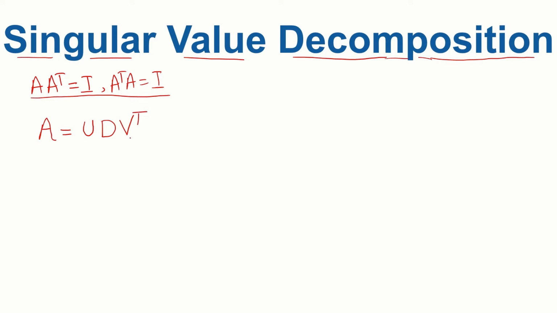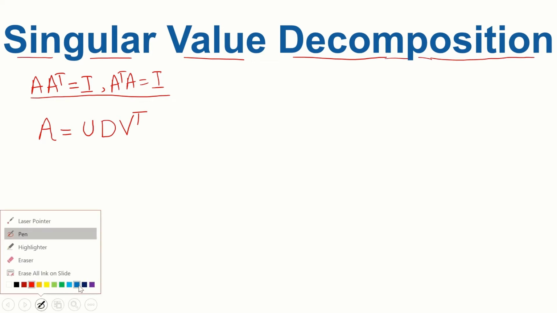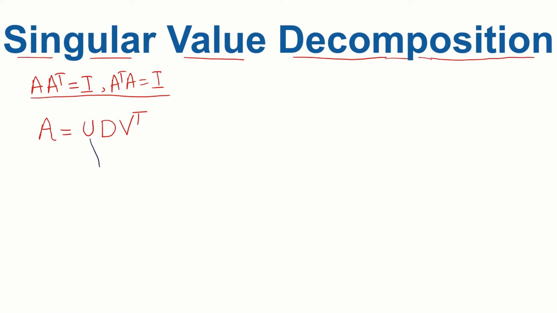Can you decompose your matrix in the following form where both U and V are orthogonal, and D is diagonal?